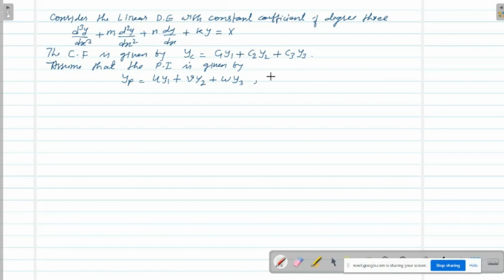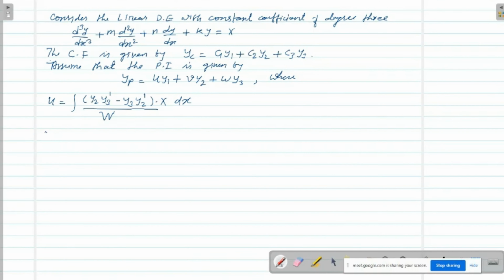The formula for u is integration of y2 y3 dash, the derivative of y3, minus y3 y2 dash, the derivative of y2, into x and divide by W. This is capital W, and dx.